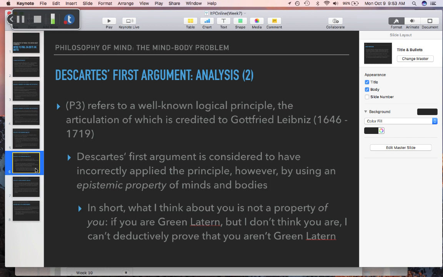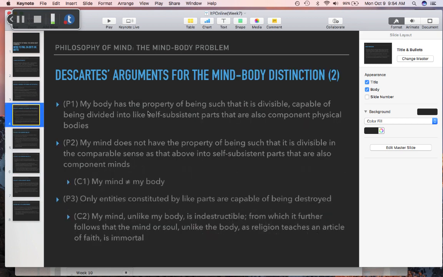So the first argument is, as the textbook will tell you, thought to have incorrectly applied this principle, right? While it is true that two identical objects must have all of the same intrinsic properties in common, Descartes in the first argument isn't using intrinsic properties. That's what he switches to in the second argument, right?